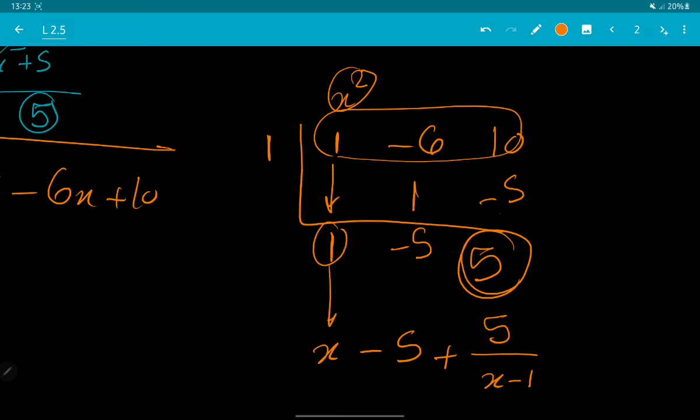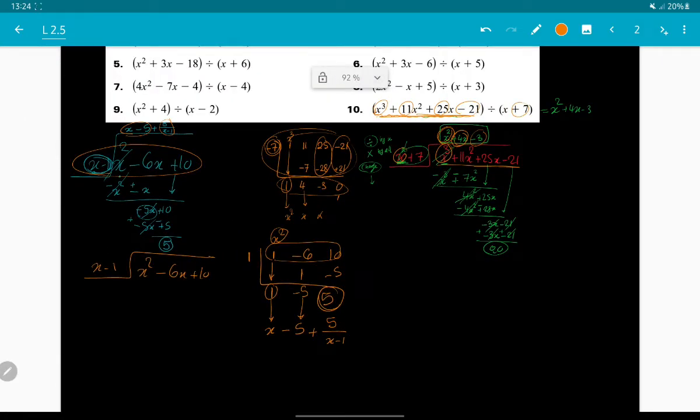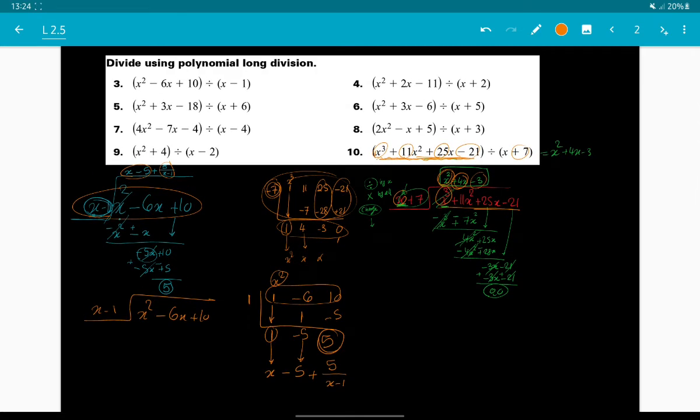So 1 means 1x. What's the next lower power? No x. So this is negative 5. So this is how to use the synthetic method to divide two polynomials.